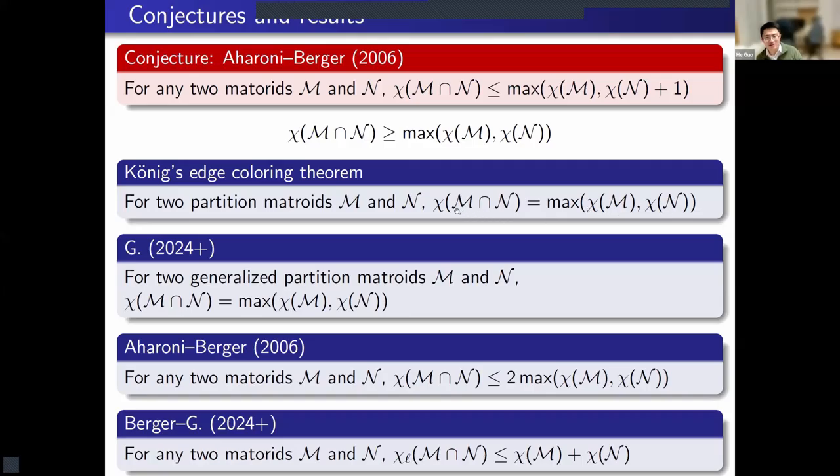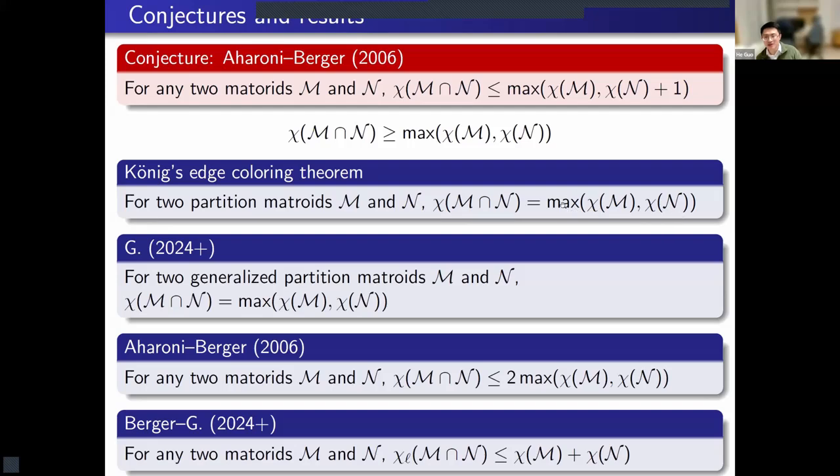Because at the beginning we have seen that the intersection of two partition matroids is just the matching complex of a bipartite graph, the chromatic number of the intersection is just the edge coloring number of the bipartite graph. And the König edge coloring theorem says that the edge coloring number is equal to the maximum degree of your bipartite graph.